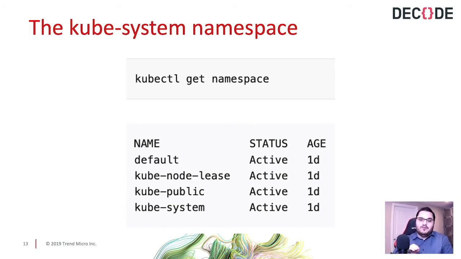That's a very important thing to know, because if someone has access to those pods or to that namespace, they can basically compromise your whole cluster, right? The other namespaces are just there by default. If you create objects and you don't specify a namespace, they'll be created in the default namespace. And that's about it for the namespaces.